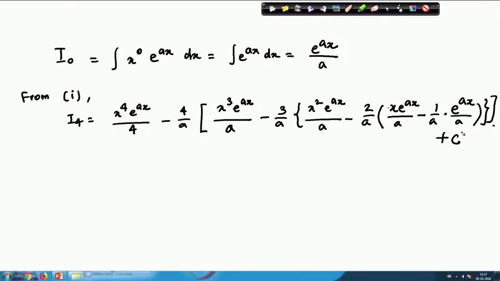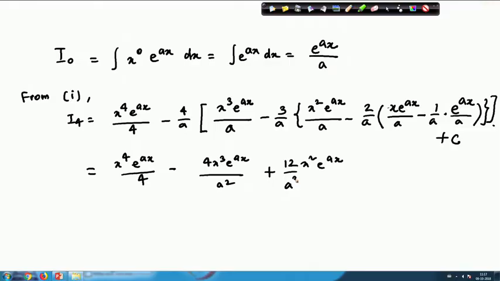And then we can write this as x to the power 4 e to the power ax by a minus 4 x cubed e to the power ax by a squared plus 12 x squared e to the power ax by a cubed minus 24 x e to the power ax by a to the power 4 plus 24 e to the power ax by a to the power 5 plus the constant c.